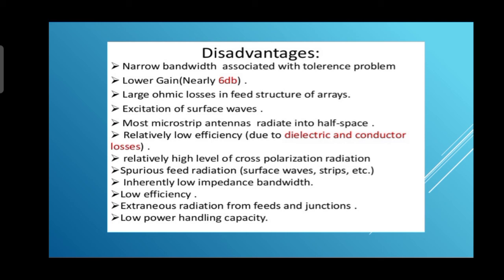It has relatively low efficiency due to dielectric and conductor losses, a relatively high level of cross-polarization radiation, and poor end-fire radiation or surface waves. It has inherently low impedance bandwidth, extraneous radiation from feeds and junctions, and lastly, it has low power handling capacity.